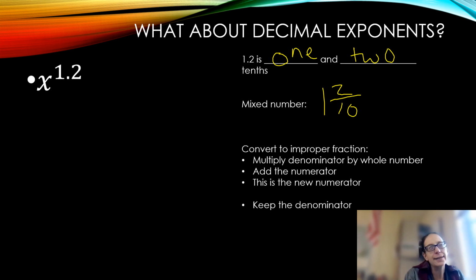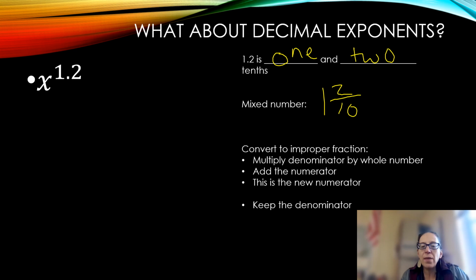This is one of those things you do in elementary school, and it's convert to an improper fraction. And there's a method for this. Why this process works is not an algebra 2 concept, but if you'd like me to go into more detail about the process and why it works, I would be happy to do that for you.